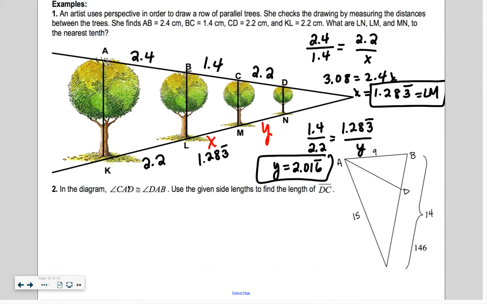All right, so number 7. It says in the diagram, CAD, I think my C got cut off. That's a C down there in the bottom left. So CAD is congruent to DAB. I know that brings you joy that it spelled out dab. Don't you love when it spells out words?